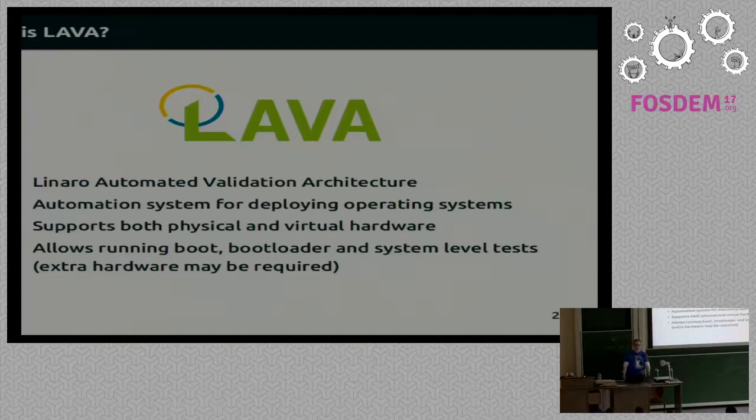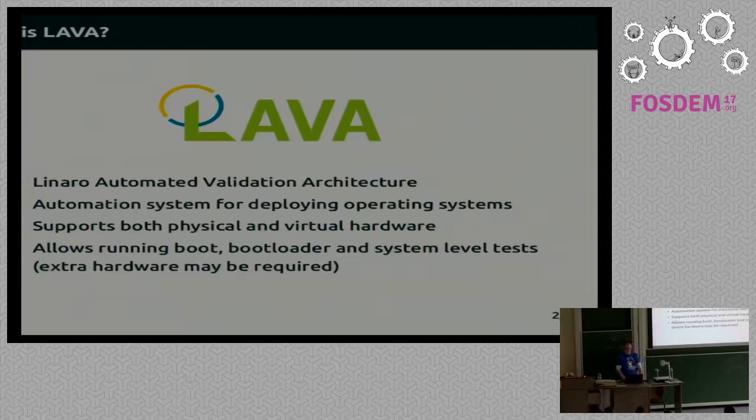It can deploy rootfs, kernel, DTB, anything that is needed to boot up your device. Once it prepares your device, it allows you to run bootloader, or even system-level tests on your device.